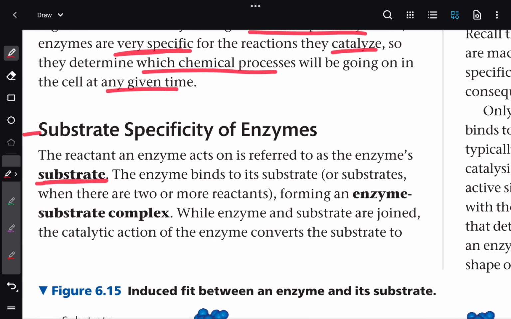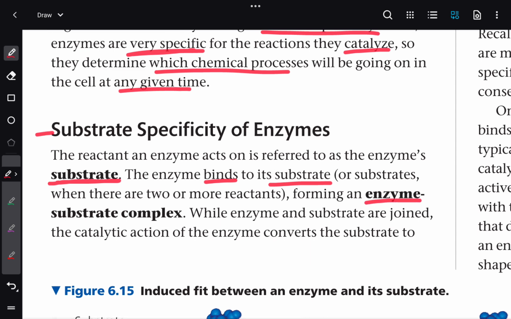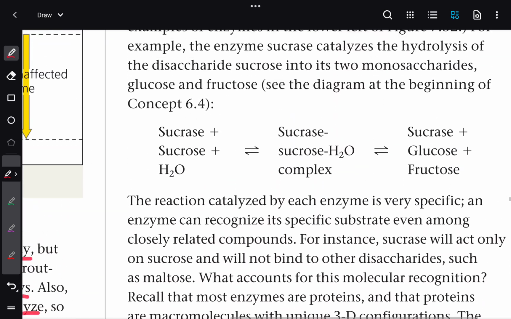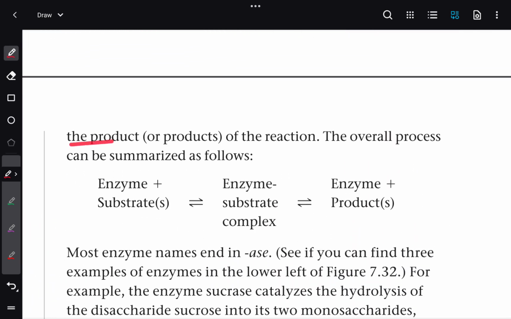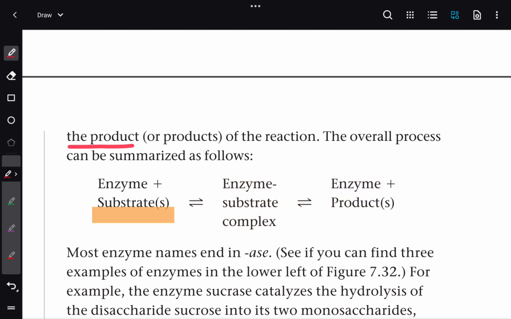Now the enzyme binds to its substrate, or substrates when there are two, forming an enzyme-substrate complex. While enzyme and substrates are joined, the catalytic action of the enzyme converts the substrate to the product or products. The overall process can be summarized as follows: enzyme and the reactant it acts on, the substrate, enzyme-substrate complex, enzyme and product. The enzyme is never consumed, and that's it.